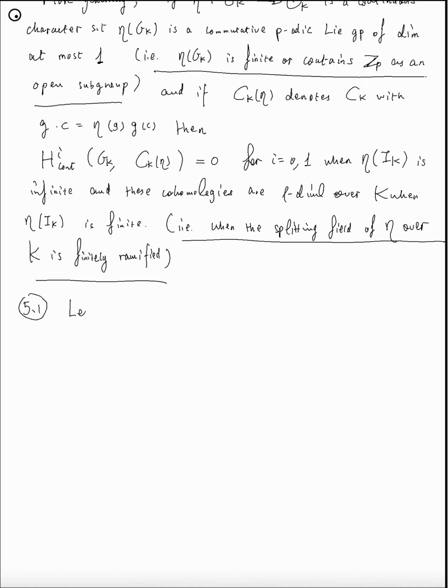So first example, let K be a p-adic field with a fixed algebraic closure K-bar, and let C_K denote the completion of K-bar.